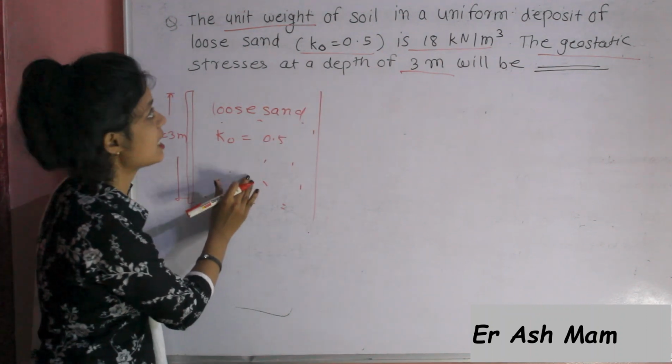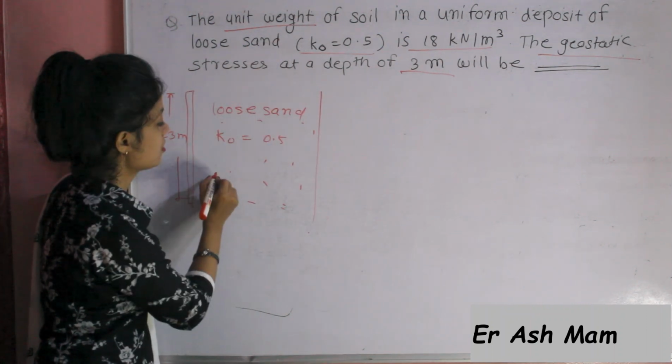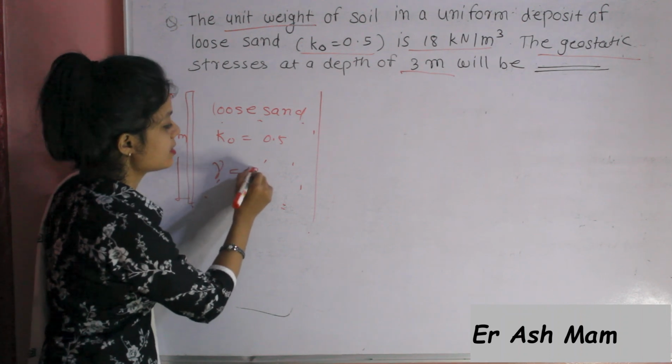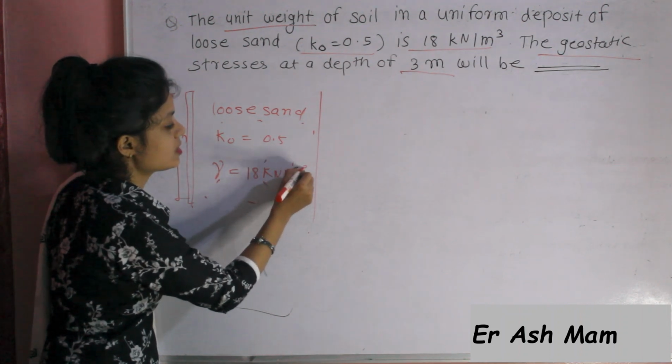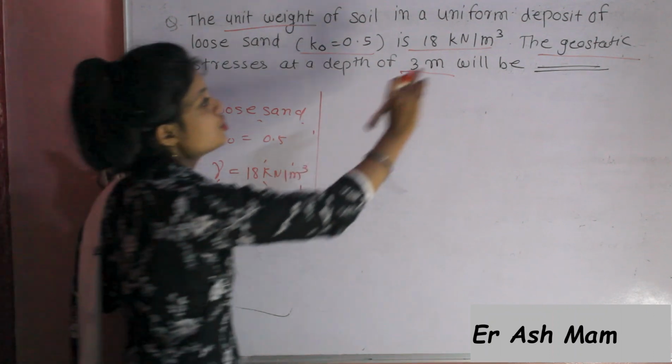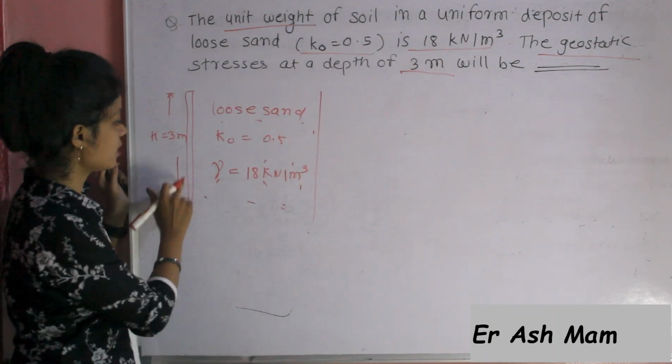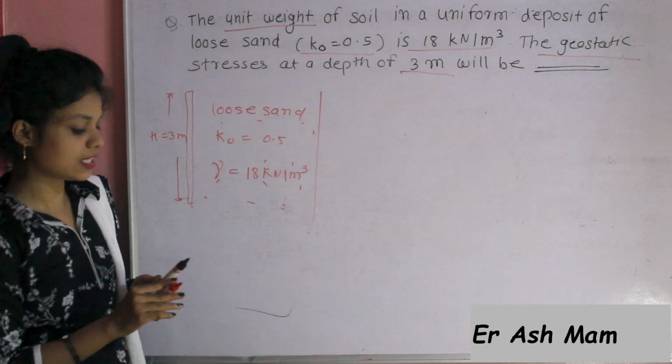And unit weight of this sand, gamma equal to 18 kN per meter cube, is given. We have to find geostatic stresses at a depth of 3 meter.